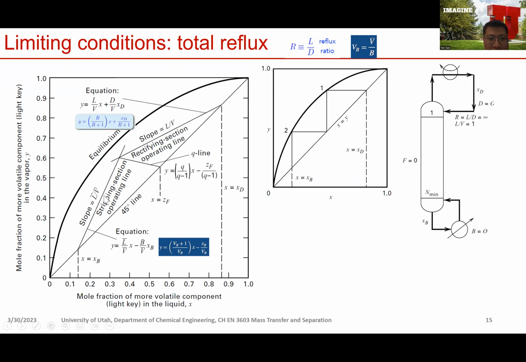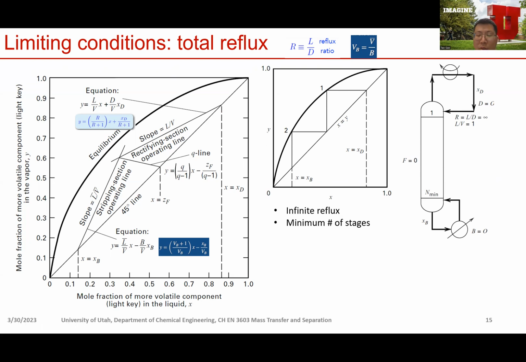And similarly, the operating line for the stripping section will also collapse on the 45-degree line. In this case, when you do the step off, you find out you only need 2 stages to achieve the desired separation outcome. With only 2 stages, you can change the composition of the liquid phase from XD to XB. Okay.